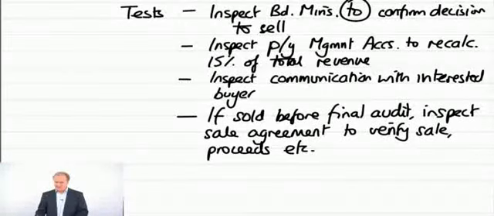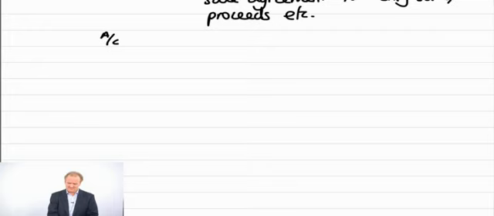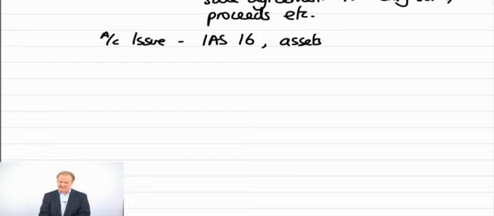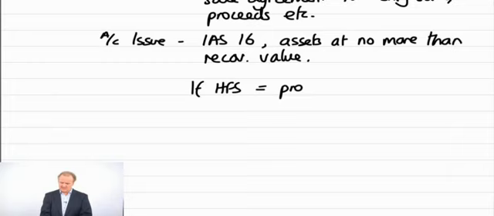So in my answer, I've amazingly got another accounting issue. You could say it's IAS 16. Assets must be held at no more than recoverable value. If held for sale, that's going to be proceeds.